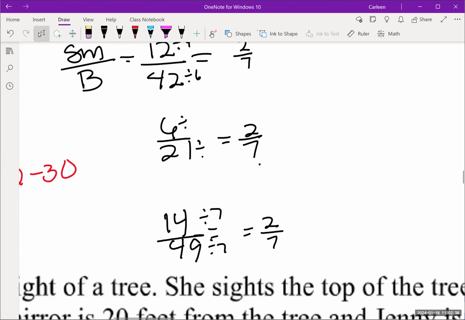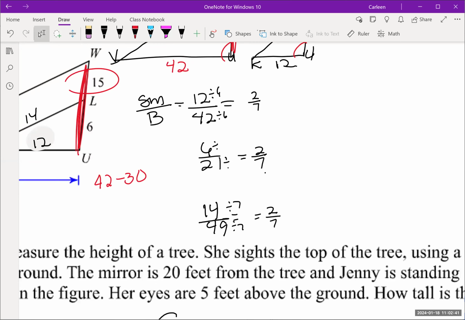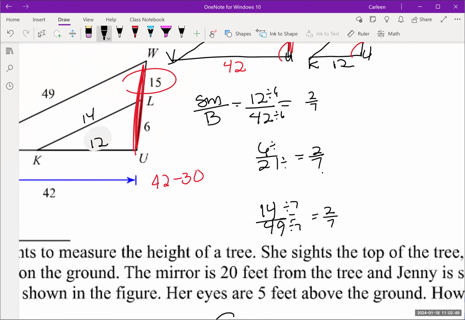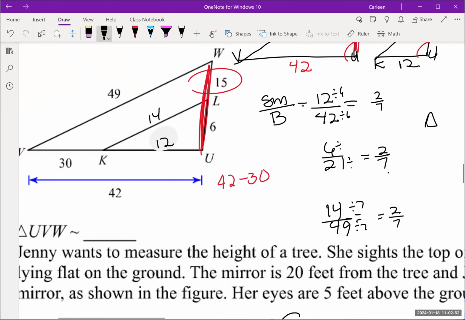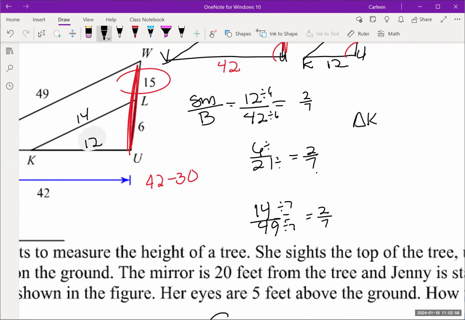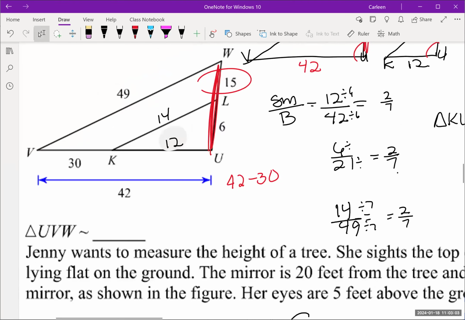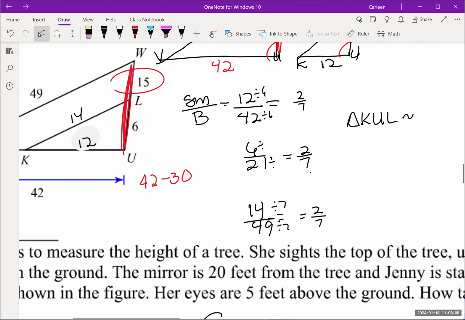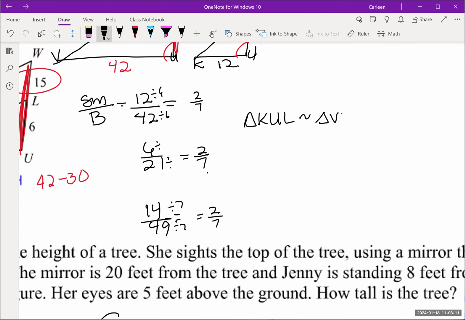We have 3 pairs of corresponding sides, all reduced down to the same ratio, all with the same scale factor. So we say triangle, going small to big, KUL is similar to triangle VUW because of side-side-side.